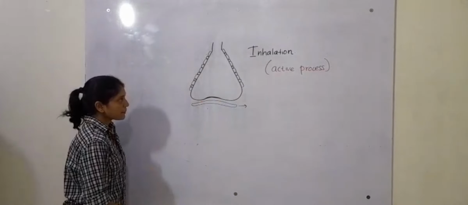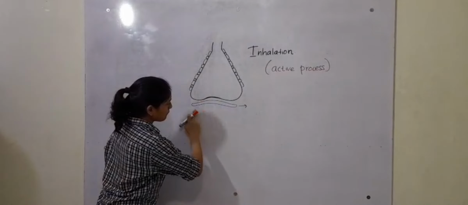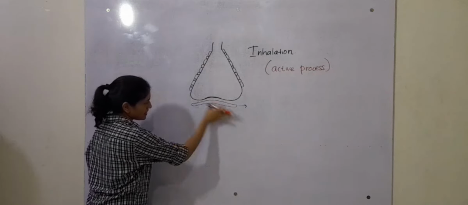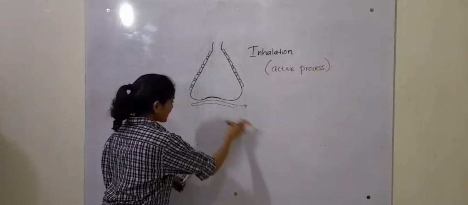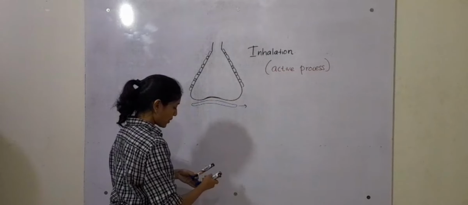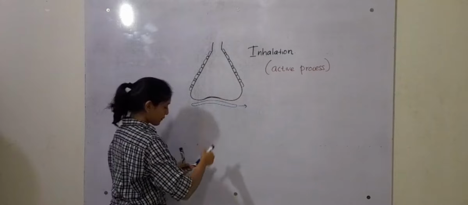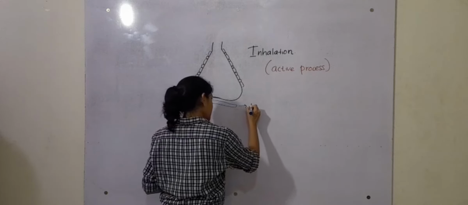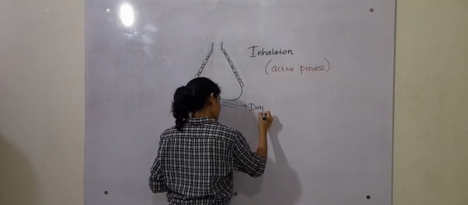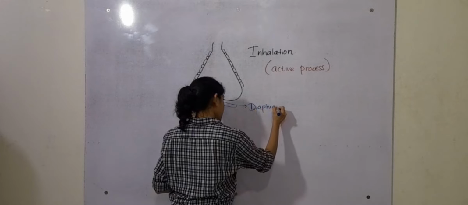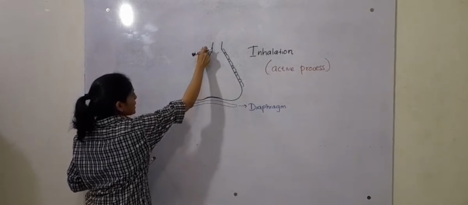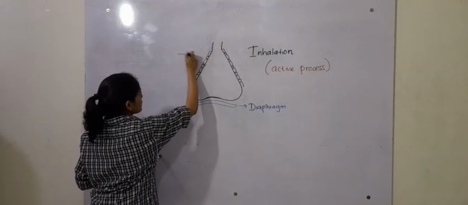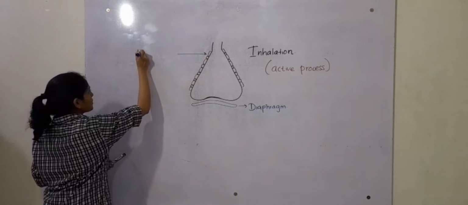Understood? This is your diaphragm. It has a curved nature, and this is skeletal muscle, as I told you previously. And here you have the rib bones, these are your ribs.